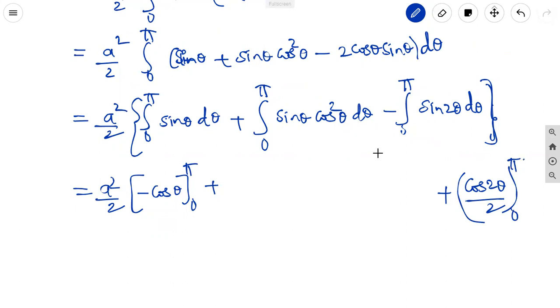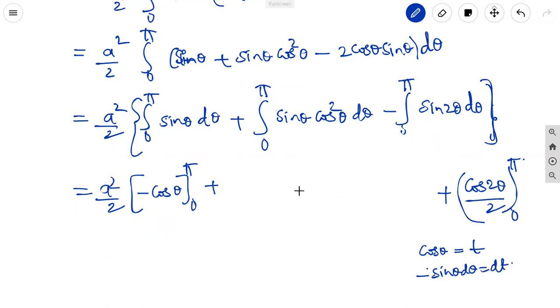In this case, we can take the substitution method. We can take cos theta equal to t, then minus sin theta d theta equal to dt.